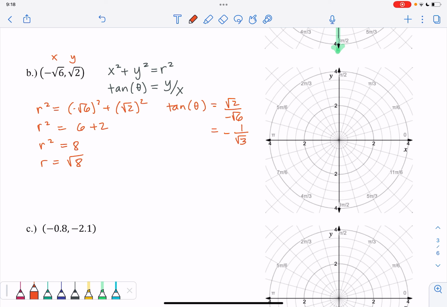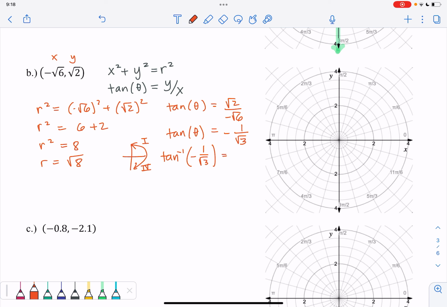So again, tangent of theta is -1 over √3. I can do tan inverse of this value and get out some angle. And I can think about what that angle is. This is going to be negative, so I'm going to be down in quadrant 4. Think about where tan inverse returns angles. It returns angles from quadrant 1 and quadrant 4.